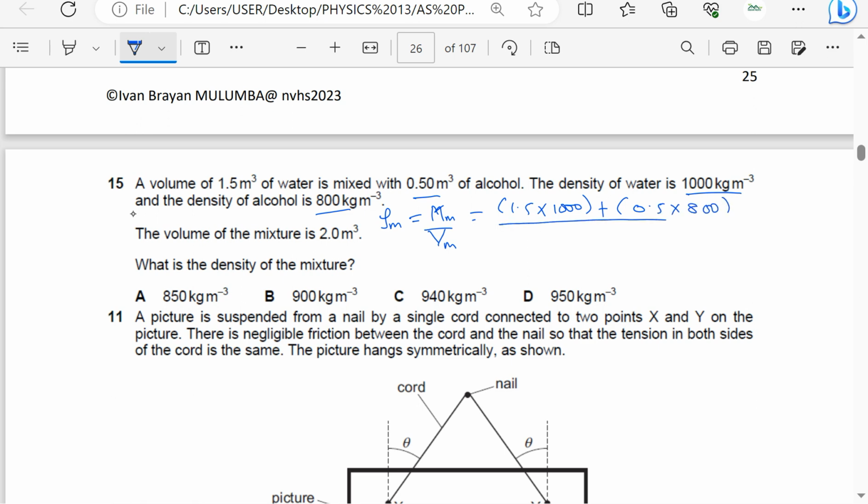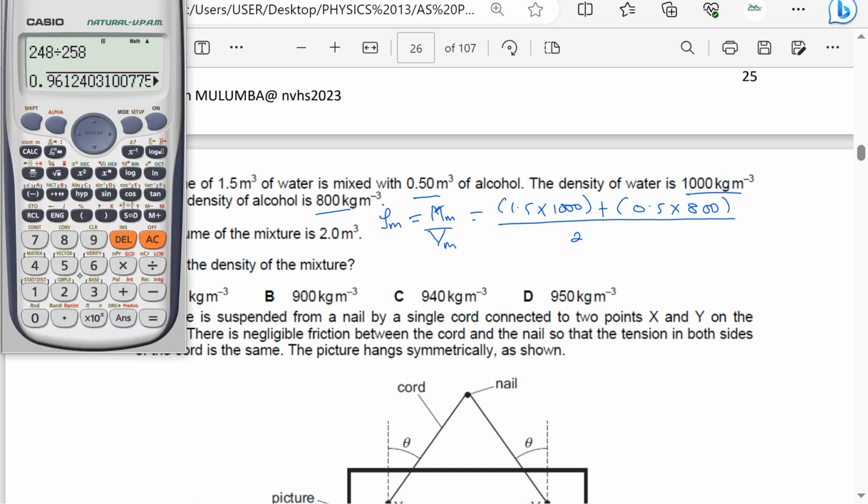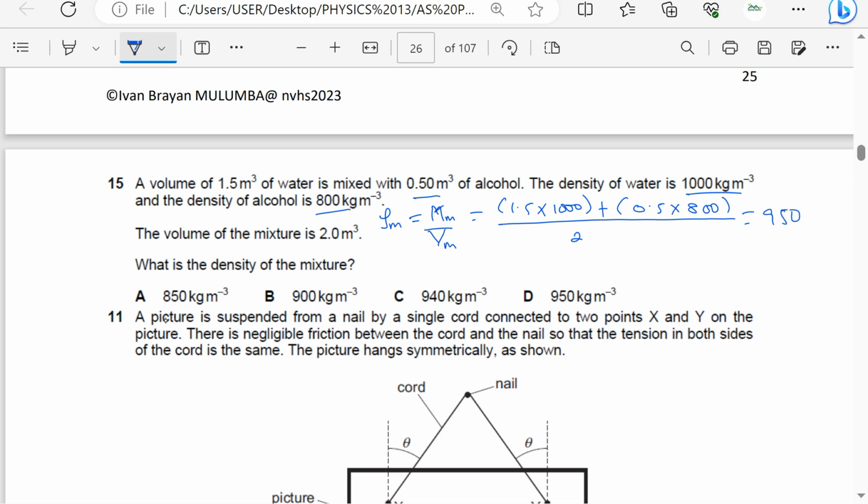That is total mass. Divide by total volume. Total volume is given as 2. So I just use my calculator. Open brackets, 1.5 times 1000, plus open another bracket, 0.5 times 800, divided by 2. So that is giving me 950. So this is 950 kilograms per meter cubed. So the answer is D.